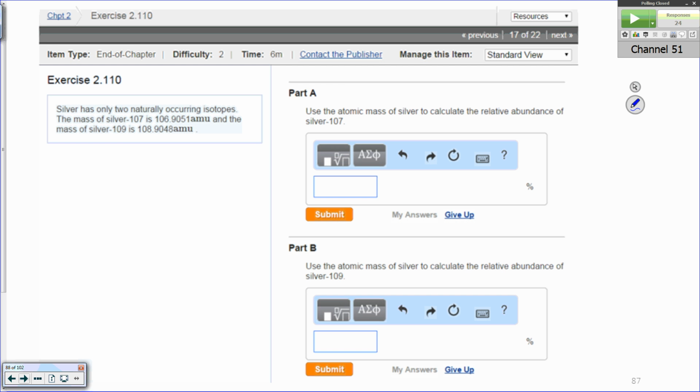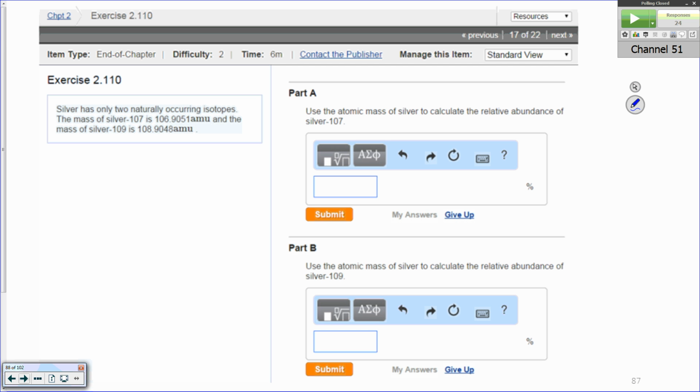I wanted to give you a hint on how to do one of these Mastering Chemistry problems. I'm not going to work it out completely for you, but I want to give you the hint to do it. It says silver has two naturally occurring isotopes, silver 107 and 109, and it gives you the mass of each isotope exactly. What it wants us to do now is calculate the abundance of those two.